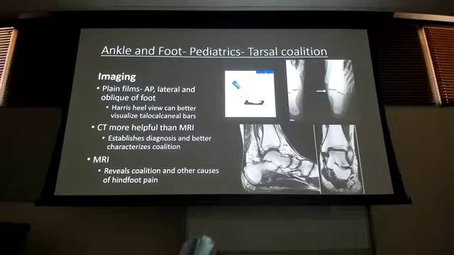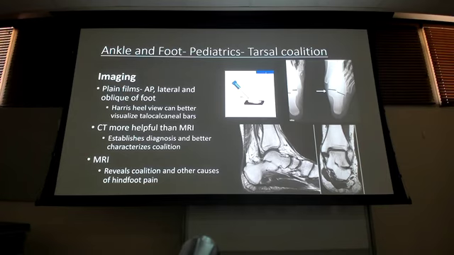But for this one, hopefully it makes sense. Do you guys know why we order CT versus MRI? MRI gives you a better imaging study of soft tissue. CT does a great job looking at bones.